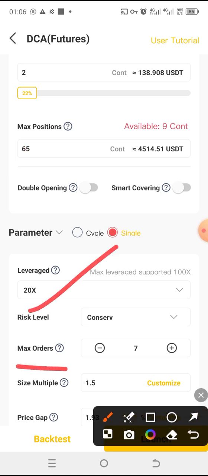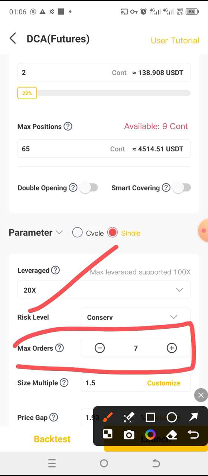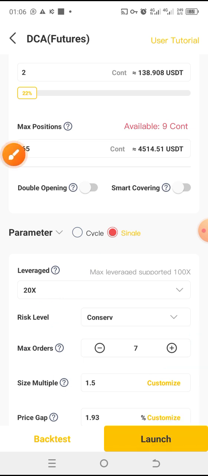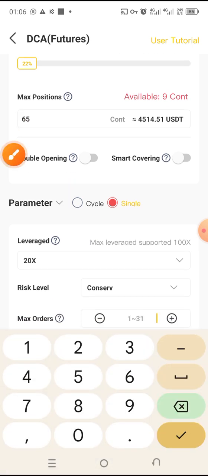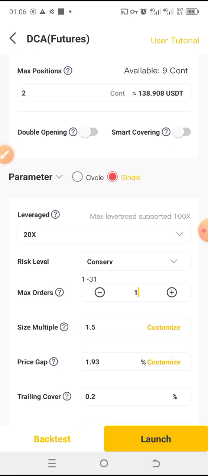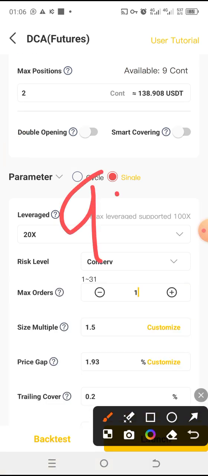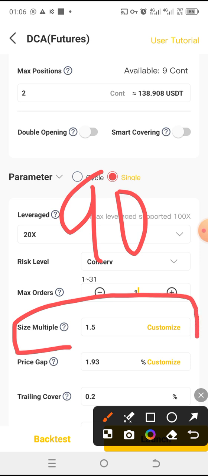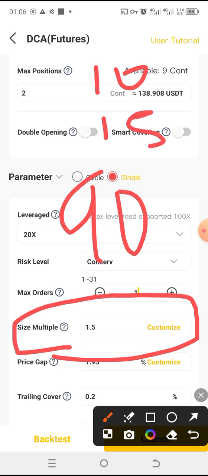Then here, the mass order. That means how many times do you want to buy? This is saying 7 times. So here, because you know what you're doing, you only trade one, so that the remaining $90 doesn't need to buy. The problem you are having is this. This is saying a multiple of 1.5%. So if you do the first one for $10, it will buy $15 for you next.